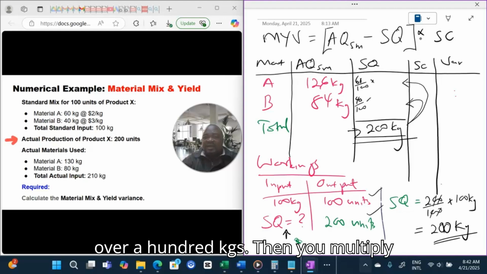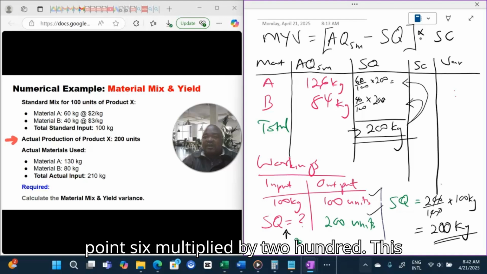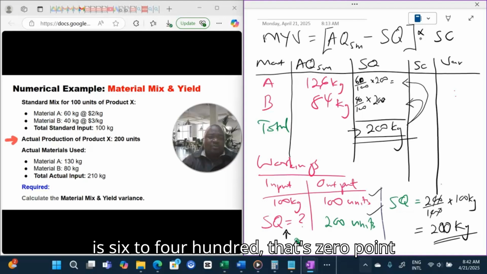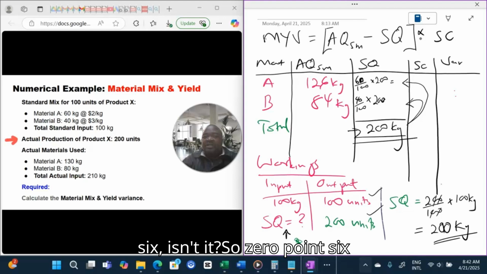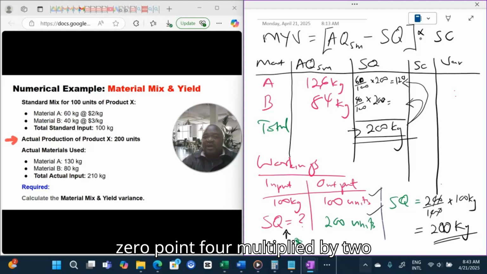Then you multiply by the figure of 200 kgs now. So this is the standard quantity. We should get 0.6 multiplied by 200. This is 60 over 100, that's 0.6, isn't it? So 0.6 multiplied by 200 should give us 120. That's simple arithmetic, isn't it? Then 0.4 multiplied by 200 gives us 80.